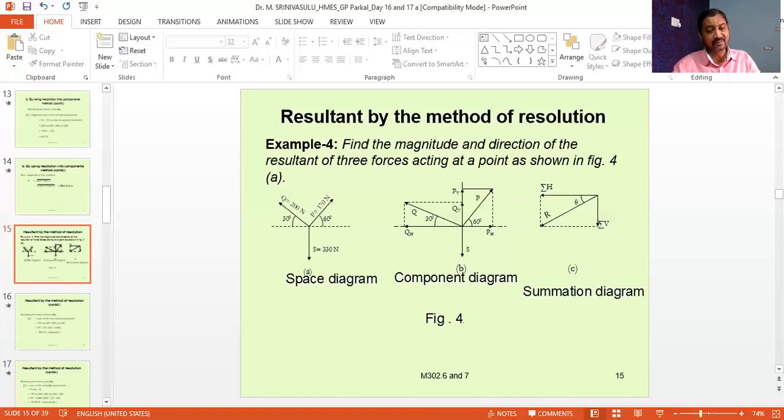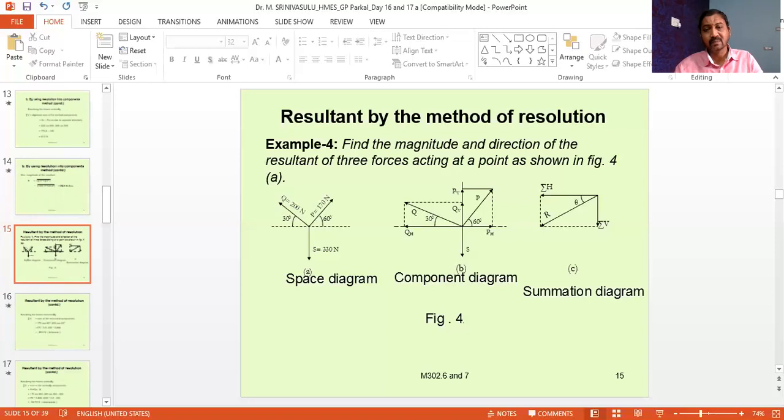And we must know, again I am repeating at this instance, that for a horizontal force there is no vertical component. So the vertical component of a horizontal force is equal to 0, and the horizontal component of the horizontal force is the force itself.